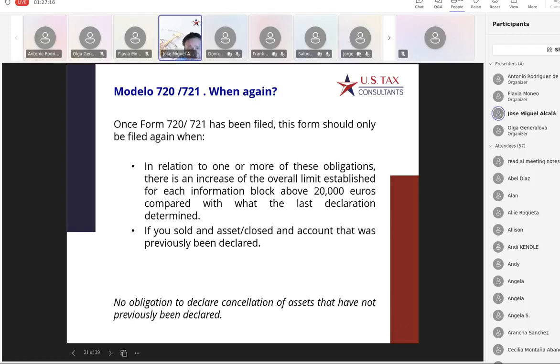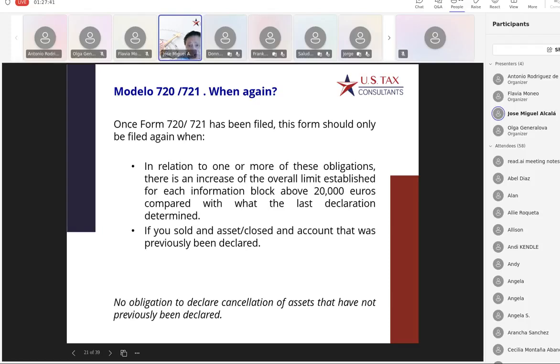There is also another case here. If we cancel any of the assets we did declare before, it doesn't matter whether we have increased by these 20,000 euros, we will have to declare all the assets again just because we have canceled one of them. And this is important to know.